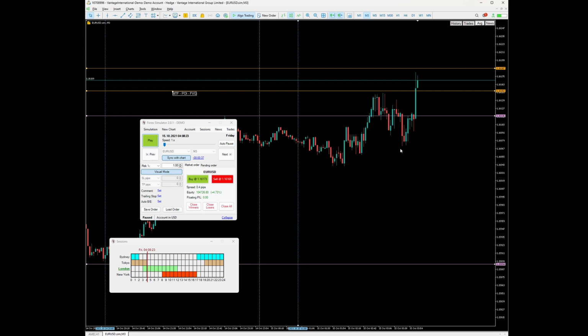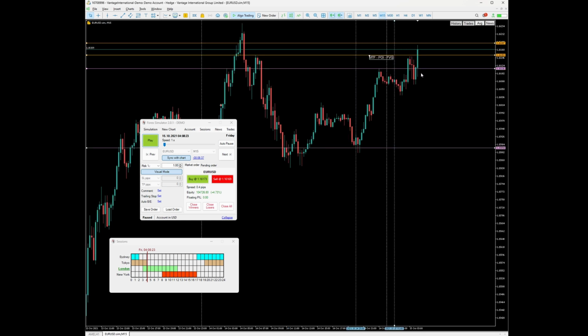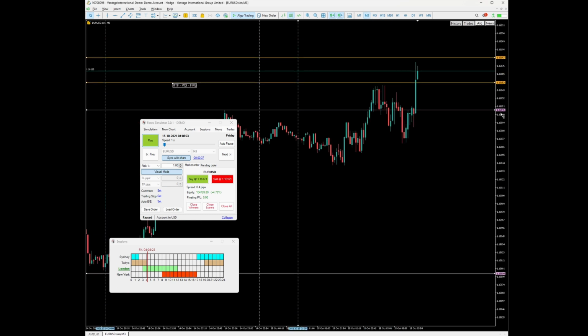For a CISD, market structure shift, we expect this low to be taken. Actually, on the M15, this low to be taken, but I would consider this low to be actually low. Or CISD, we need to see an engulfing candle taking this whole FEG down.